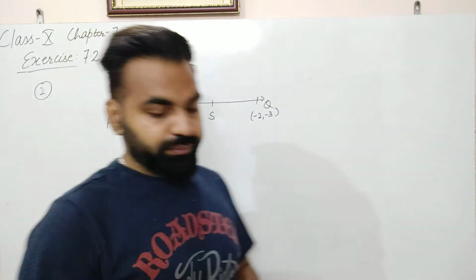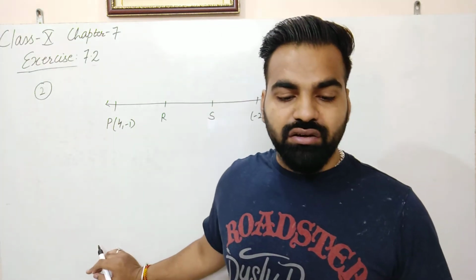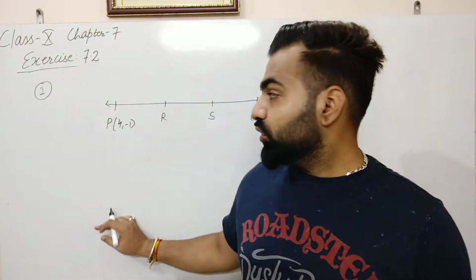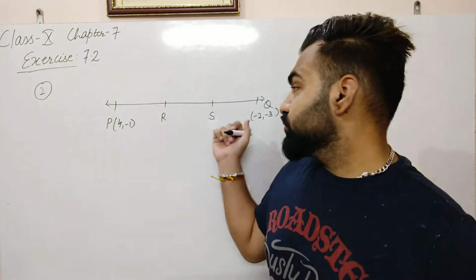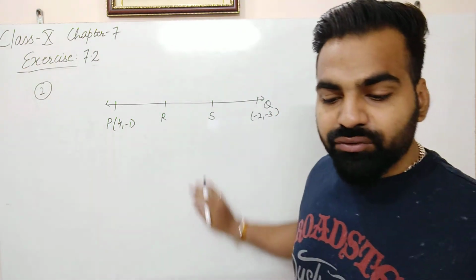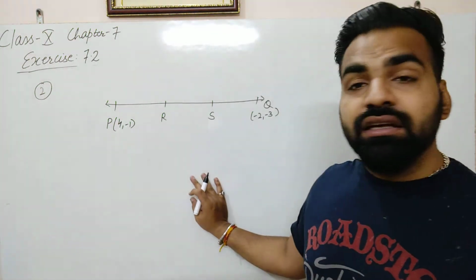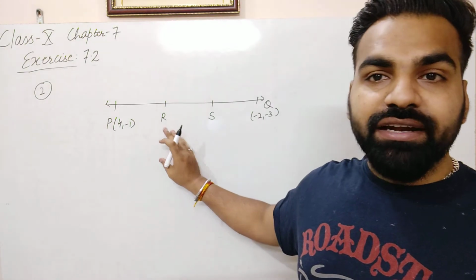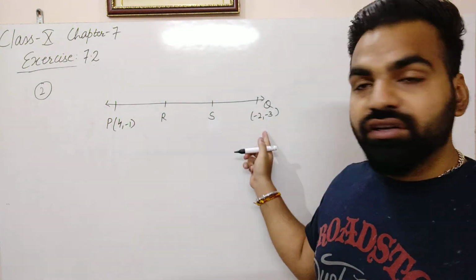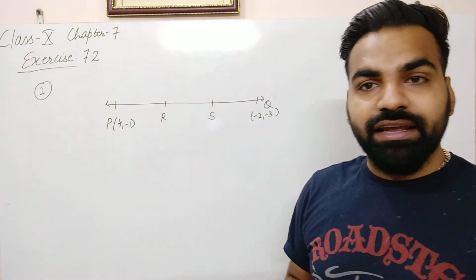Let's start question number 2. Find the coordinates of the points of trisection of the line segment joining (4, -1) and (-2, -3). So we have to find the coordinates of the points of trisection. Trisection means the two points will divide the line joining PQ into 3 equal parts.